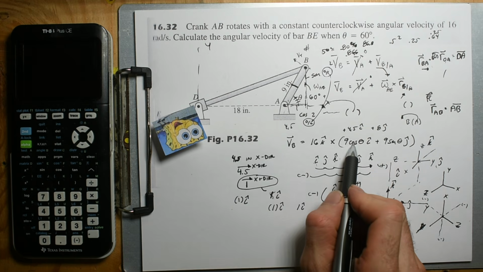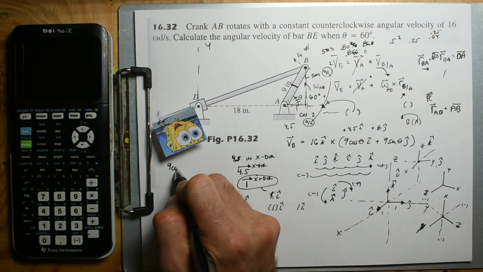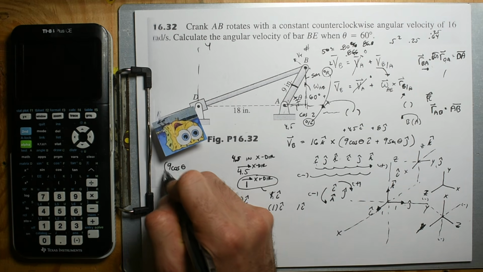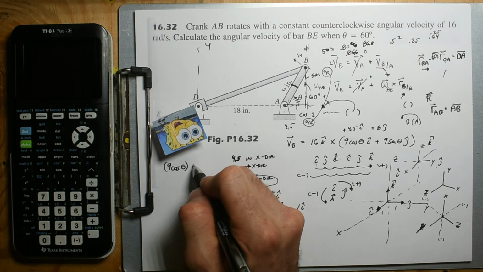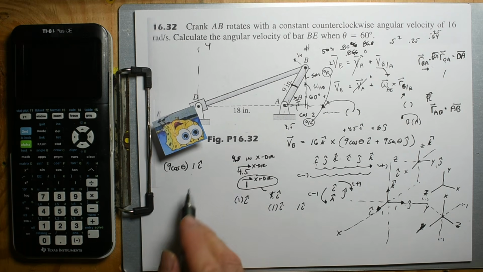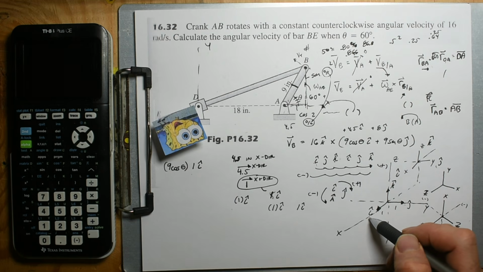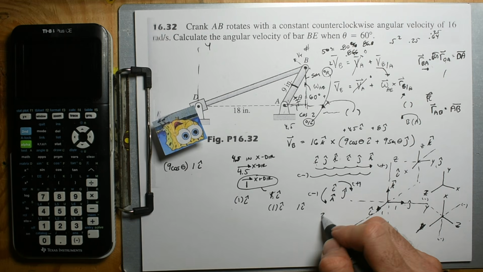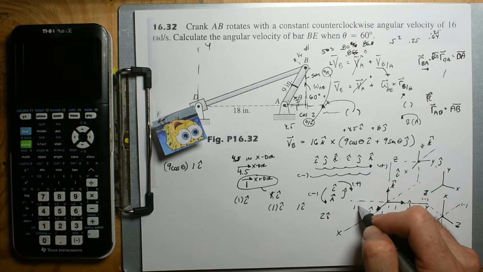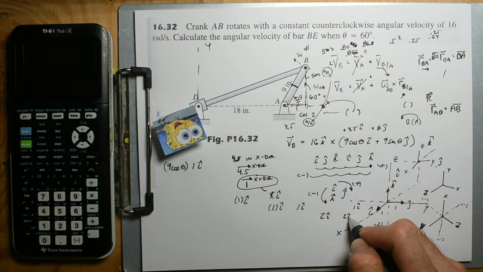If I rewrote this, it should be 9 cosine theta, the scalar part, times 1 I hat, the vector part. And I could multiply this vector by 2, and now it's 2 I hat. It used to be 1 I hat, and now it's 2 I hat.